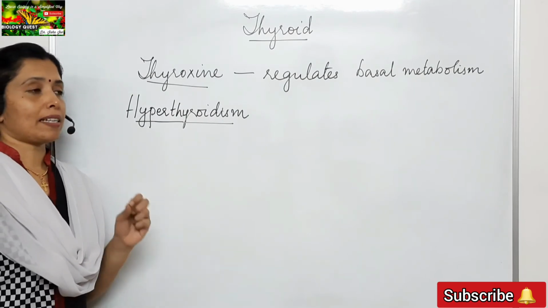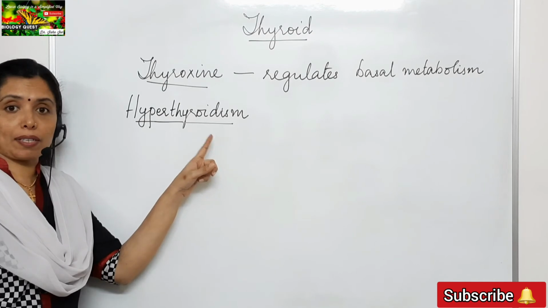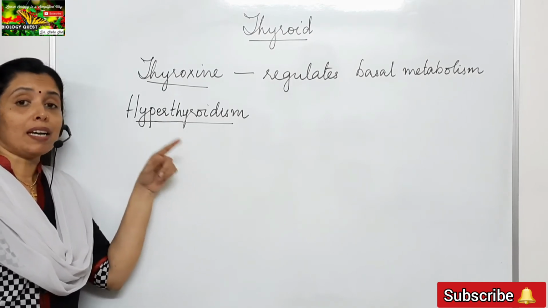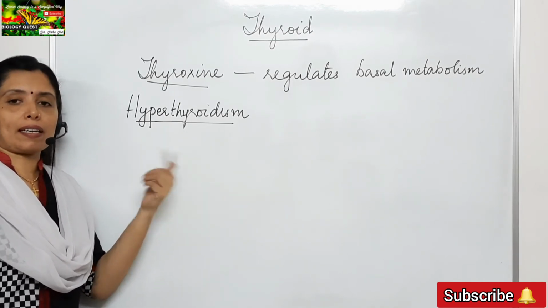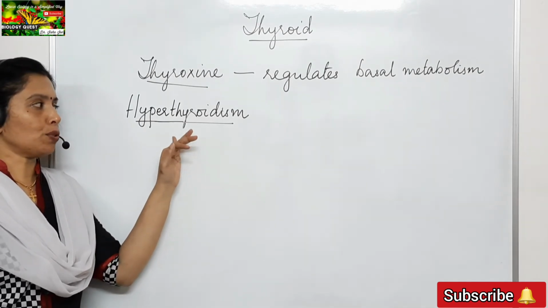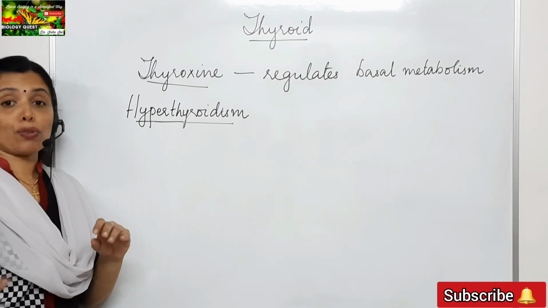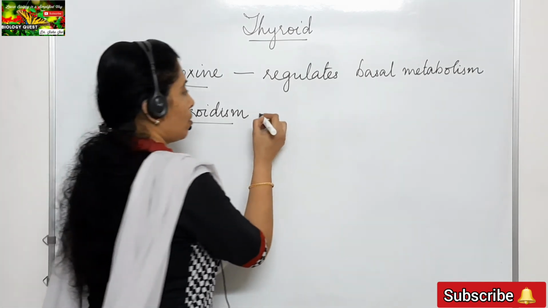Now we shall study about the condition that is caused due to hyperthyroidism. What is hyperthyroidism? It is due to oversecretion of the thyroxine. Okay, so what is the condition due to hyperthyroidism? Hyperthyroidism leads to exophthalmic goiter.